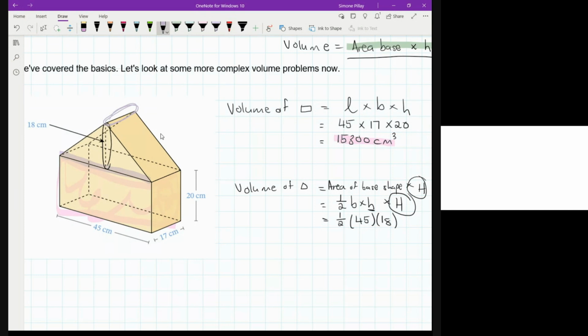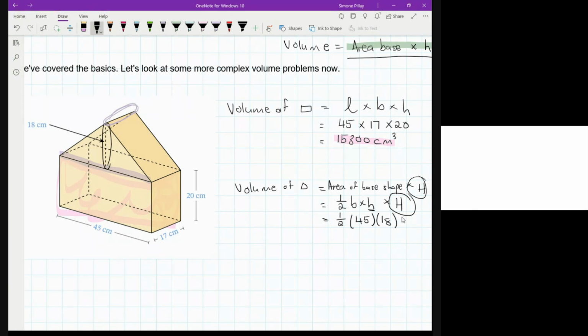Even if you have to take another piece of paper and block the rectangular prism at the bottom so that you're only dealing with your triangular prism. If that makes your life easier, then do that, just so that you're able to identify which measurements belong to which shapes.